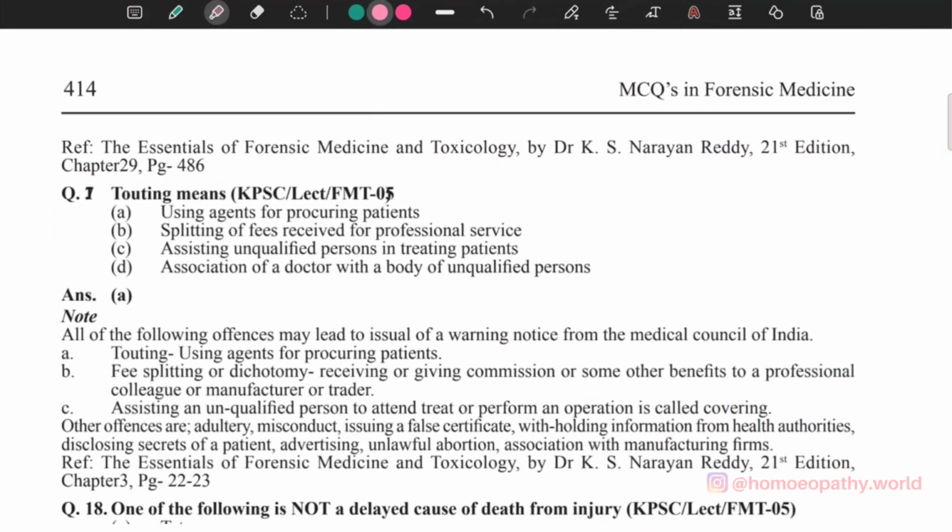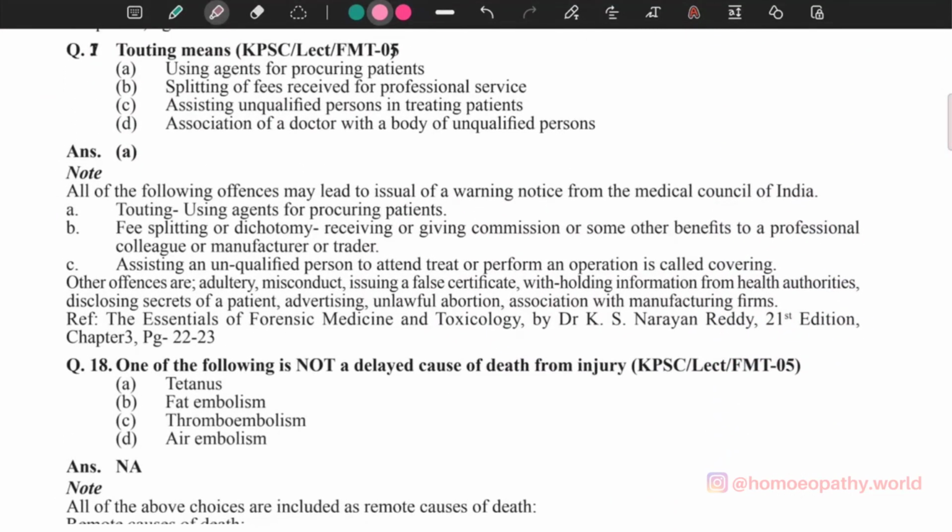Touting means A. using agents for procuring patients, B. splitting of fees received for professional service, C. assisting unqualified persons in treating patients, and D. association of a doctor with a body of unqualified persons. So the answer is A. Touting means using agents for procuring patients. Fee splitting received for professional service is known as dichotomy.